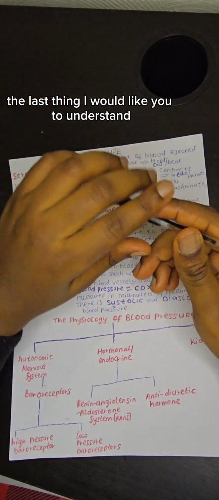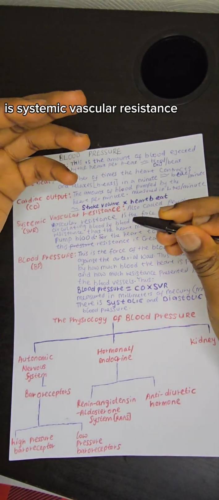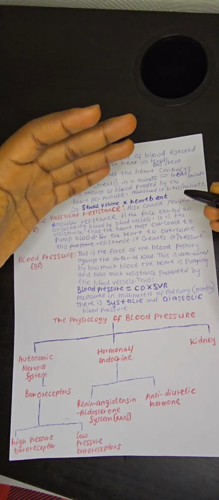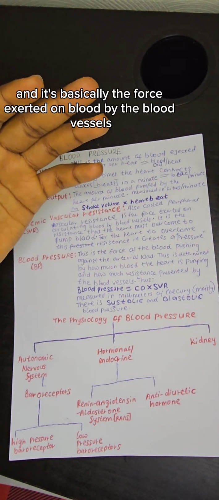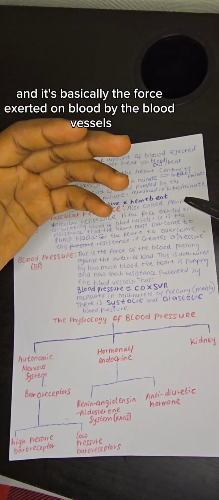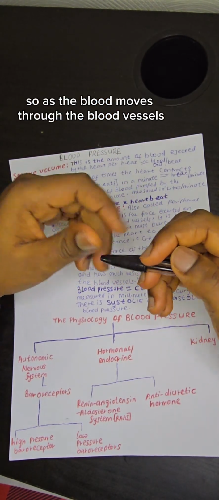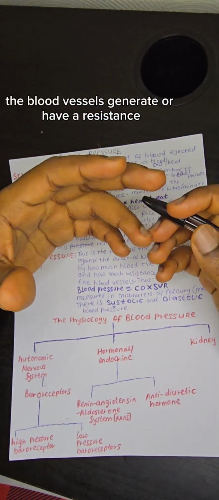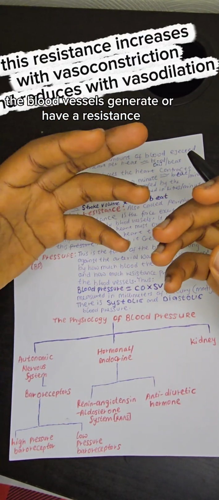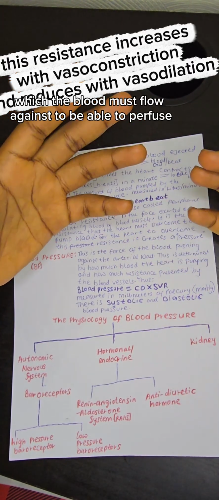The last term I would like you to understand before we move on to blood pressure is systemic vascular resistance. This is also what we call peripheral vascular resistance, and it's basically the force exerted on blood by the blood vessels. So as the blood moves through the blood vessels, the blood vessels have a resistance which the blood must flow against to be able to perfuse.